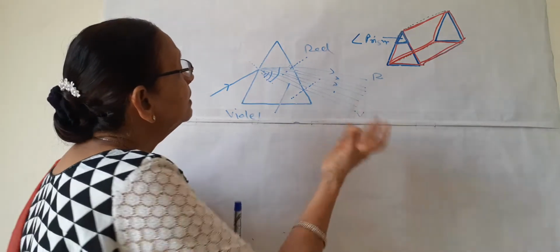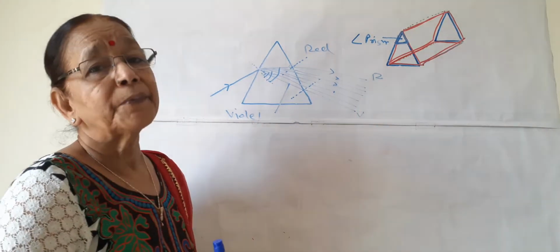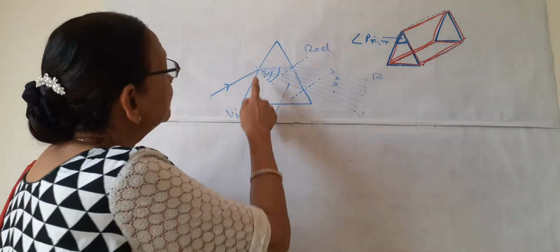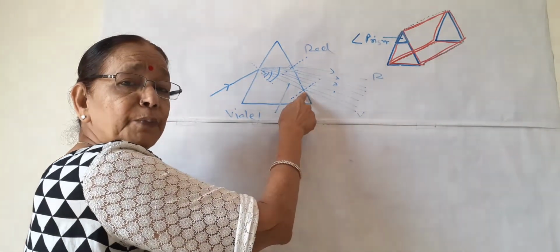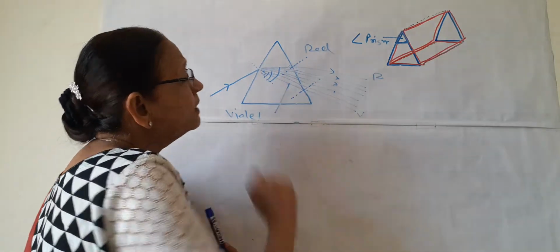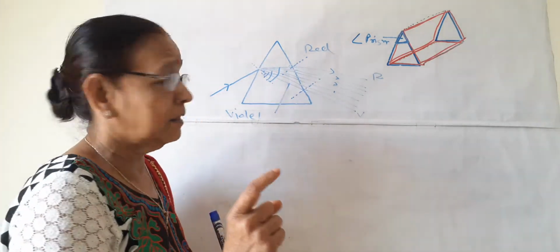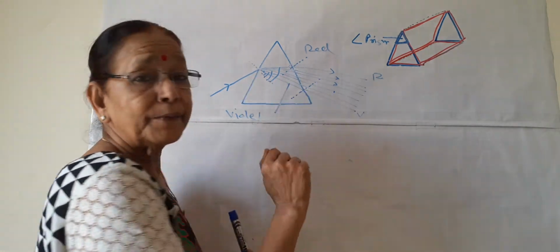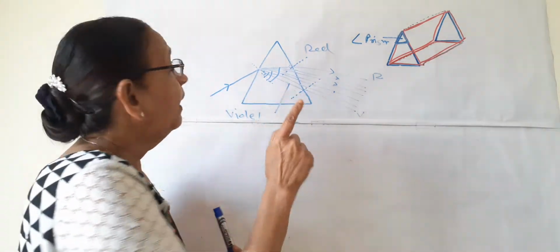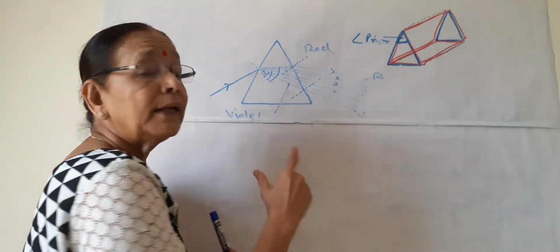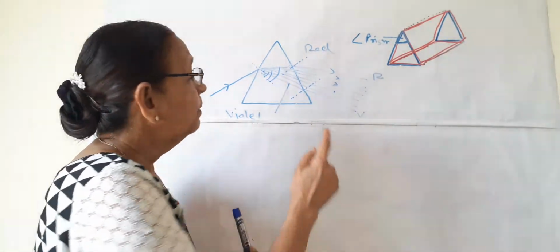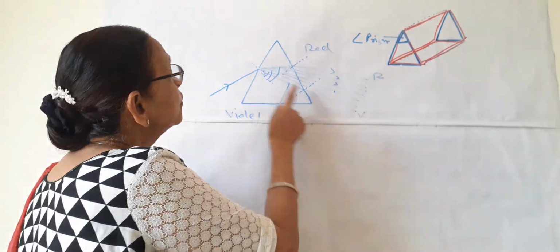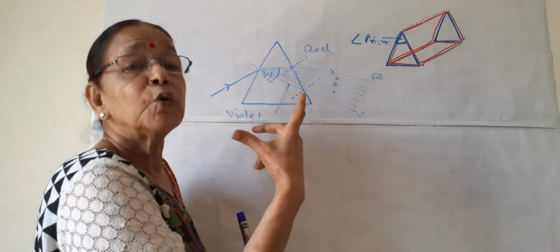This is known as dispersion of white light by a prism. And you can see violet is bending most, red is bending least. One thing more you can see: the speed of red is most, and the speed of violet is least, because violet has less wavelength, so it will travel slow.